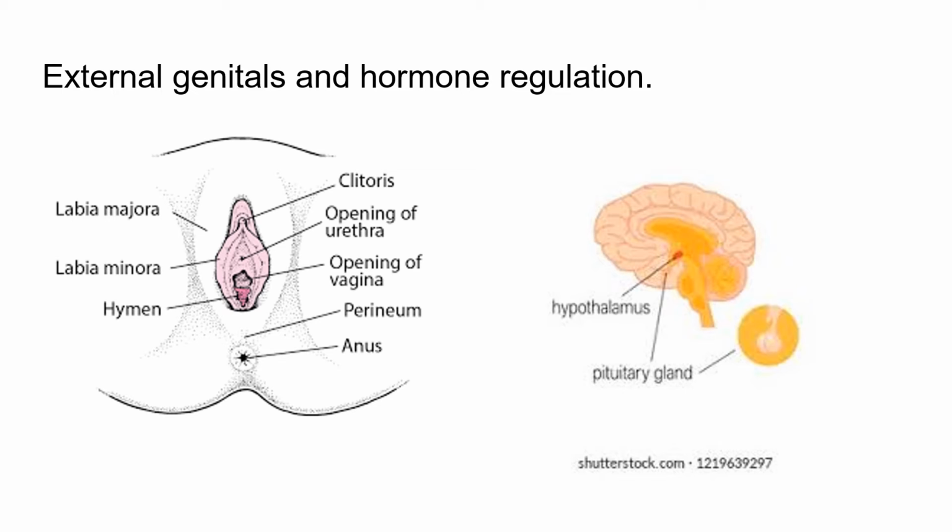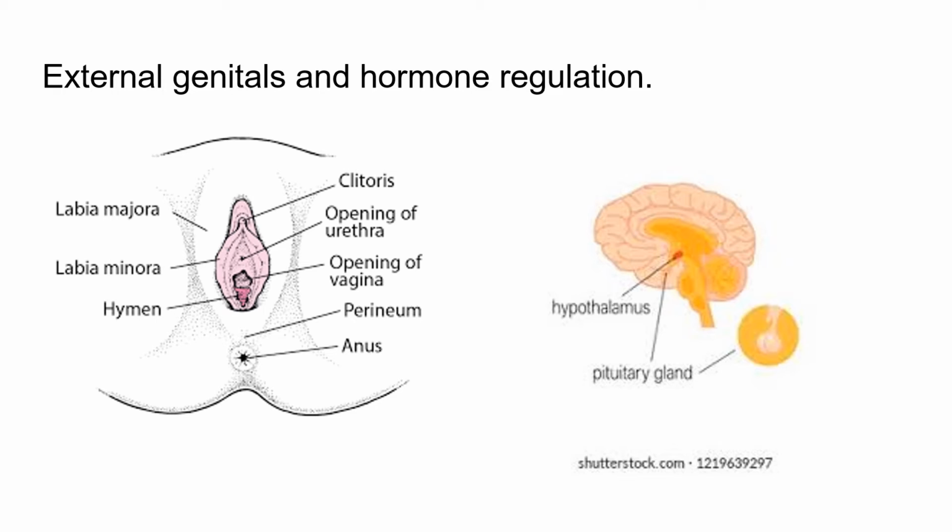Now, LH is also produced in the anterior pituitary gland. It helps stimulate estrogen and progesterone. Now, the next hormone is estrogen. It's produced from the developing follicles, and it helps with ovulation and absorption of calcium.